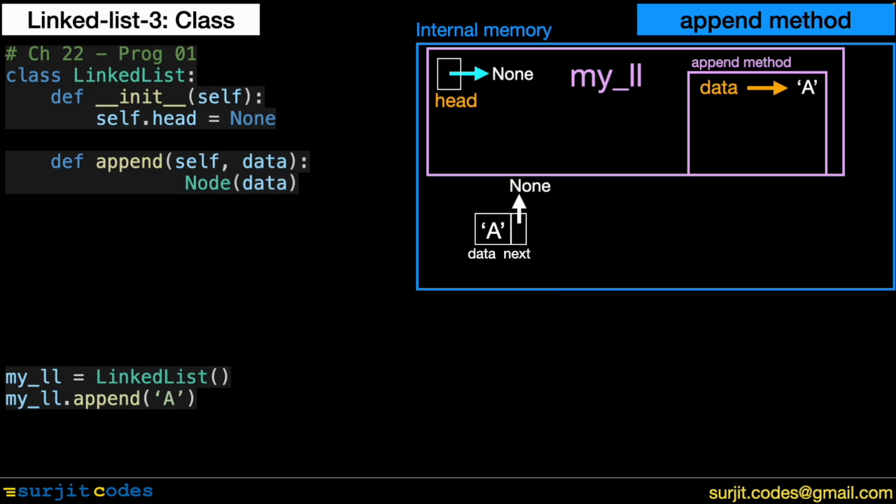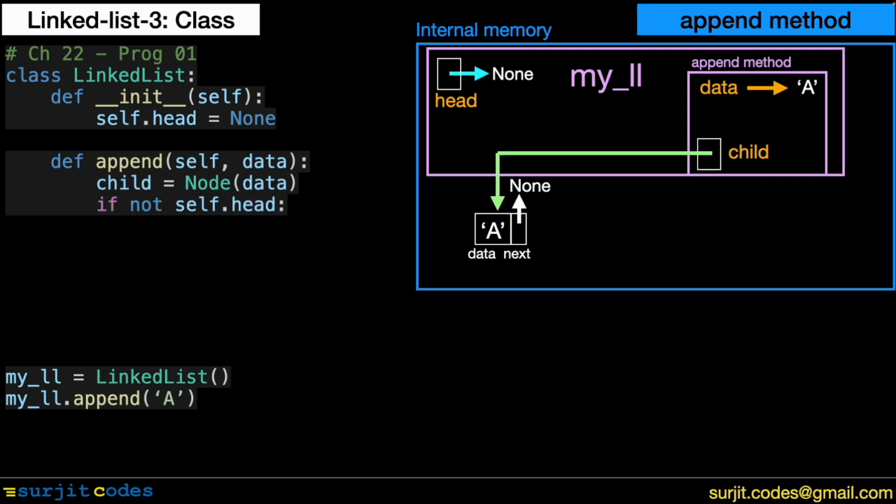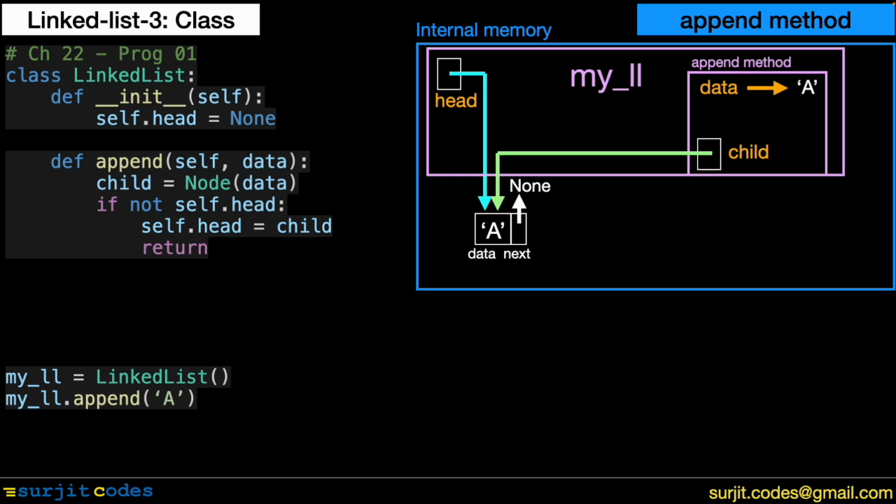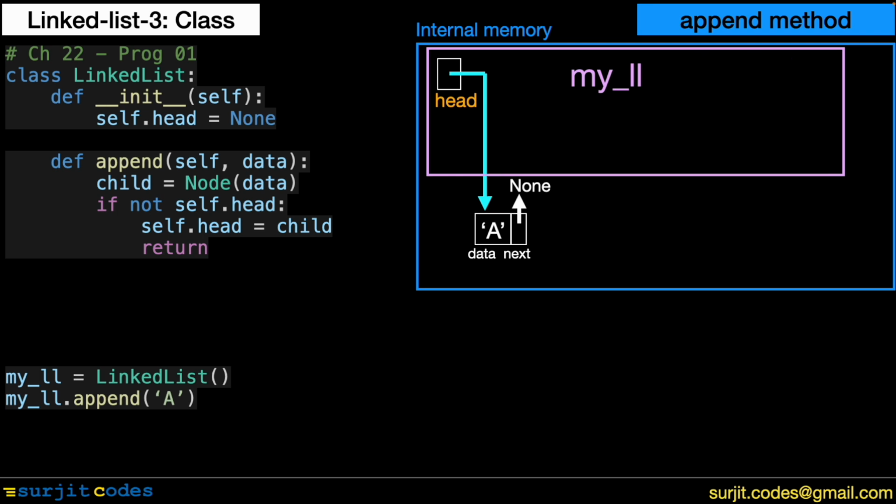We create a node with A as its data attribute and save its address in a reference variable child, a local variable of the append method. This first time, head of the linked list object is None, so we copy the child reference in head also. With this, we have appended the node successfully to the linked list, so we return from the append method.